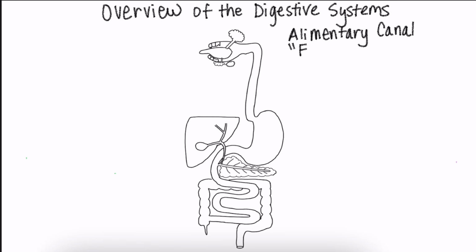Alimentary literally means food, so it's probably no surprise that this is going to be the organs that the food actually passes through. Now, we also have accessory organs. These are ones that the food is generally not touching as much. There are some exceptions, like in the mouth, but these are organs that typically are going to be important in making different kinds of secretions for digesting and absorbing the foods that we eat.